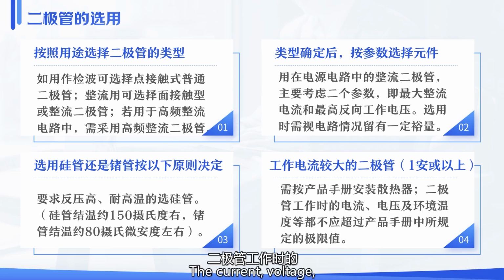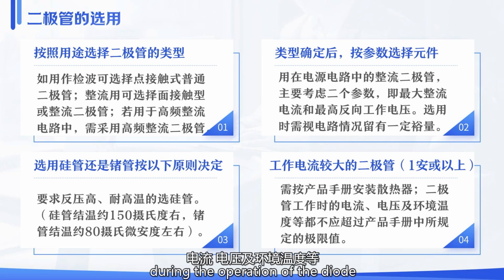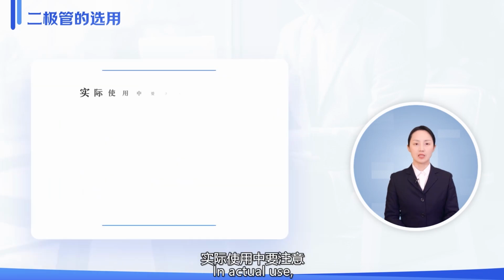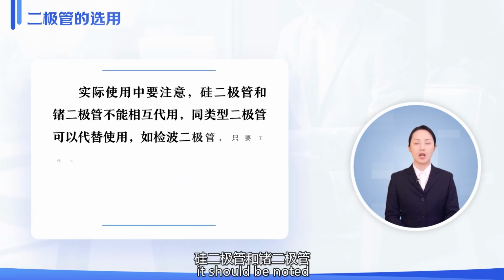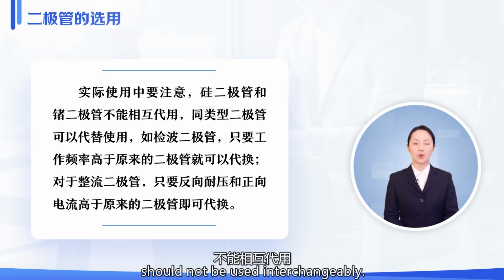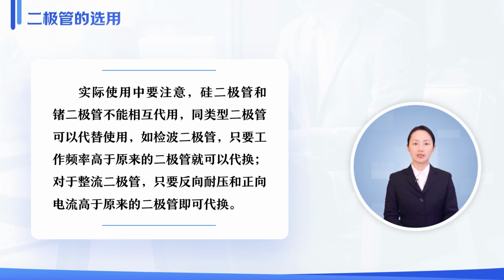The current, voltage, and environmental temperature during the operation of the diode should not exceed the limit values specified in the product manual. In actual use, it should be noted that silicon and germanium diodes should not be used interchangeably.